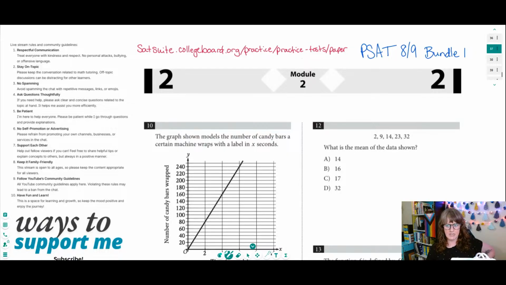Starting with the PSAT, we're doing the 8 and 9 test. This is bundle 1, and we're doing module 2. So if you're wanting to go through these problems with me, on your own paper or whatever, that's how you can find everything that we're working on today. Okay, well, let's go ahead and get started.